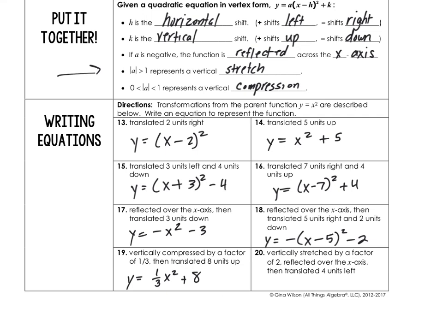And then the last one here: vertically stretched by a factor of 2, reflected over the x-axis, then translated 4 units left. So we're going to have negative 2, right? It has to be a negative if it's reflected. Parentheses, x plus 4, because we're shifting left, squared.